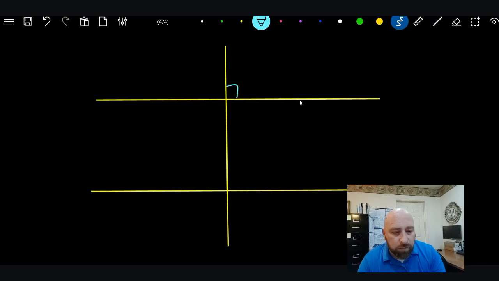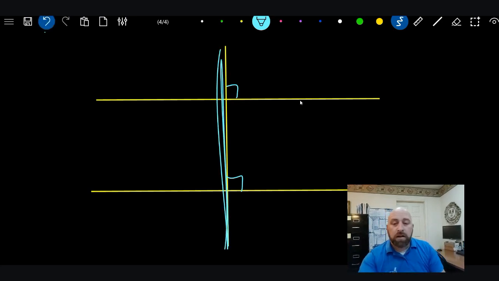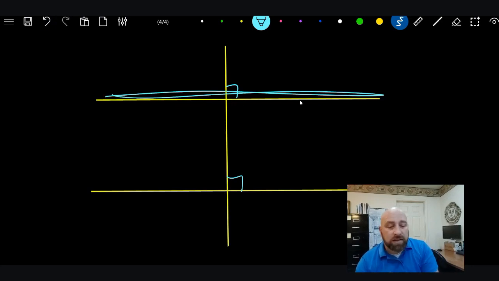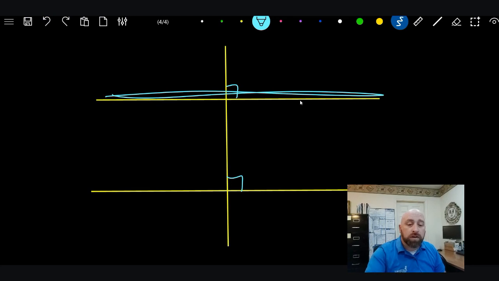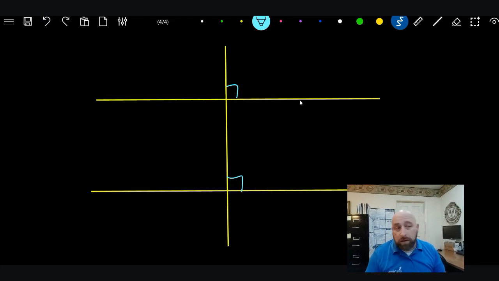Perpendicular means they have 90-degree angles. These are corresponding. That is corresponding to that. So if I can prove those are right angles, then I prove everything is perpendicular, and the other thing is that they are parallel. So by proving right angles, I prove perpendicular and parallel at the same time.